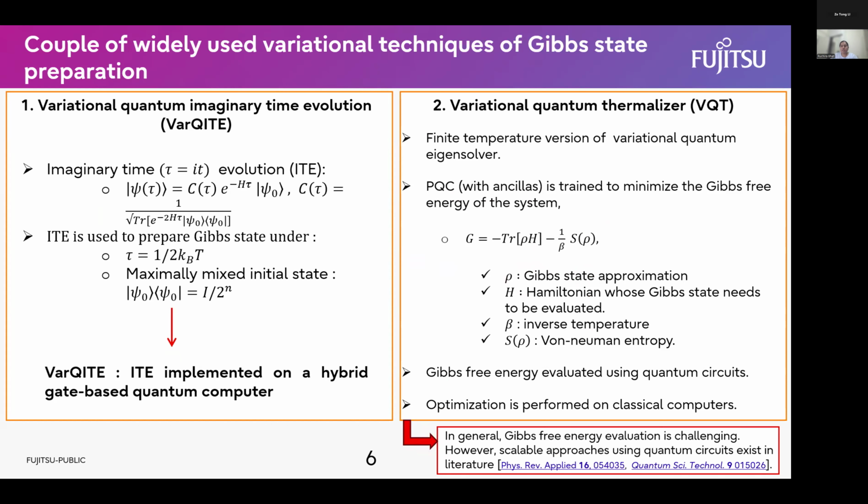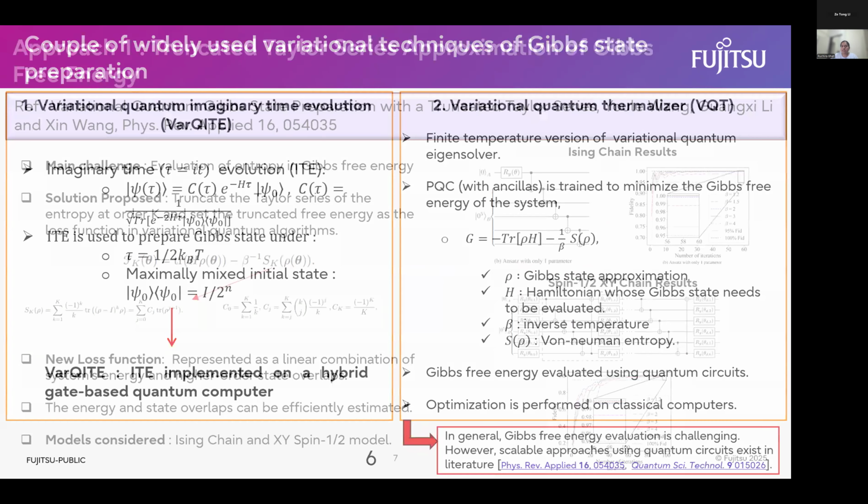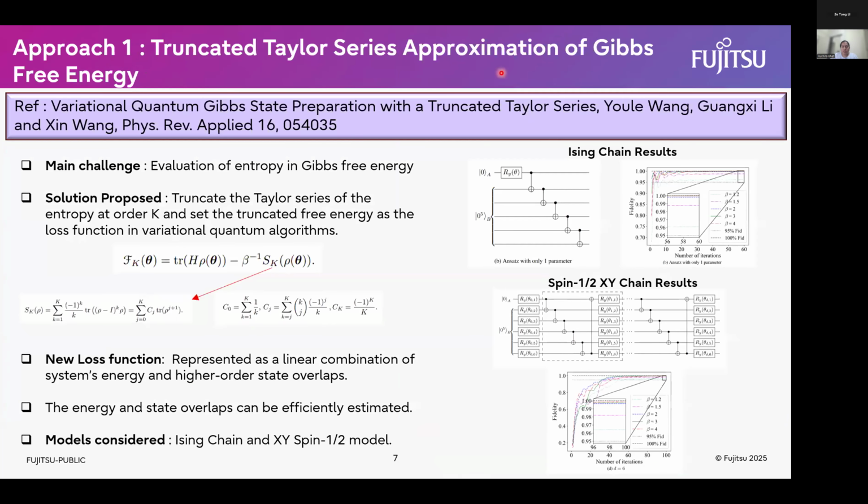To tell briefly, one of the approaches that has been used to evaluate the Gibbs free energy approximately on a quantum computer is known as the truncated Taylor series approximation of Gibbs free energy. Here, this is our Gibbs free energy expression, where we have the energy term over here and the entropy term in the second part.